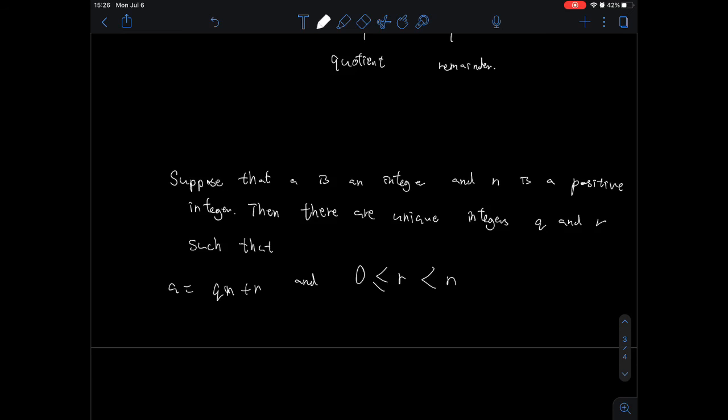This is what we call the division theorem.